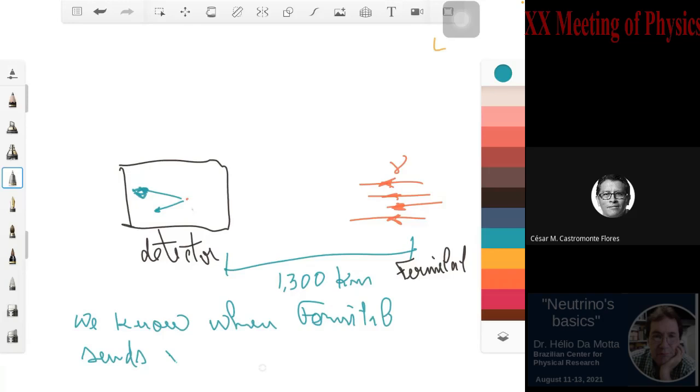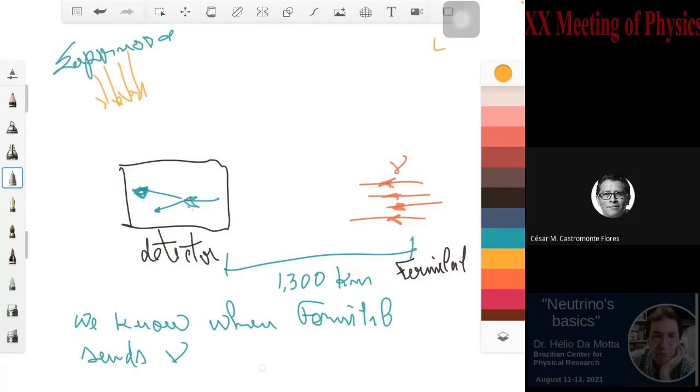A second thing is that since we reconstruct this, we know the direction. By reconstructing this, remember we have conservation of momentum, and so you know that this is coming from there. Something that happens here in a supernova, for instance, sends neutrinos in this way. First of all, of course, the supernova is not going to be synchronized with the lab.